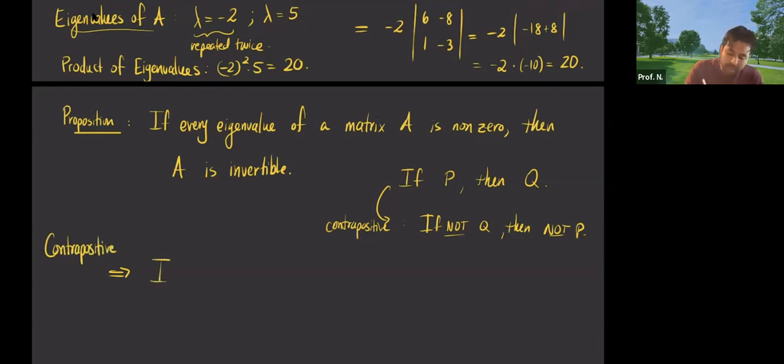So if A is not invertible, then at least one eigenvalue is zero.